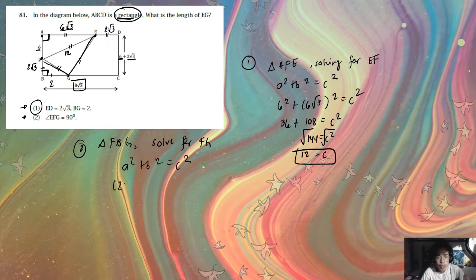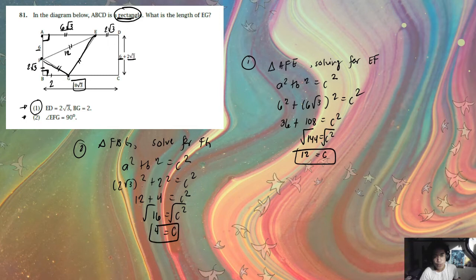We're going to have 2 square root of 3 squared plus 2 squared is equal to C squared. Using your calculator, 2 square root of 3 squared gives us 12. 12 plus 4 is equal to C squared, so 16 is equal to C squared. If we take the square root of both sides, therefore C, or FG or GF, is just equal to 4. So this is 4.